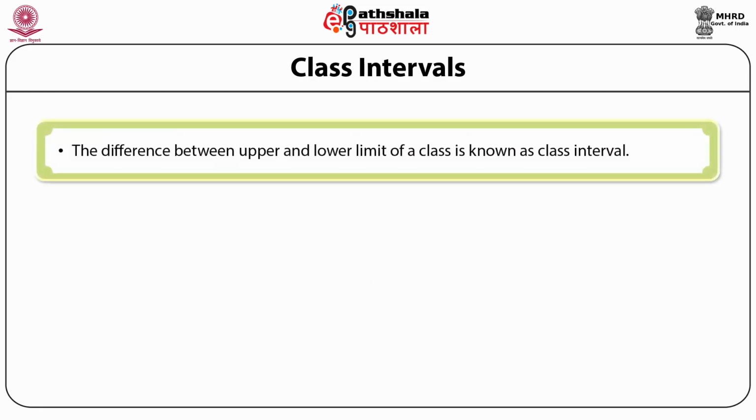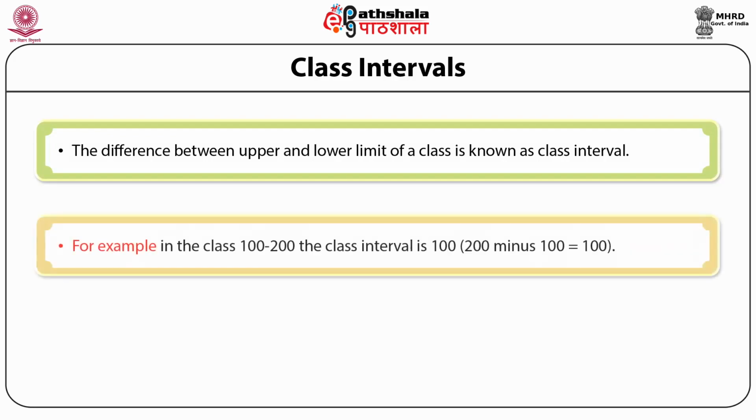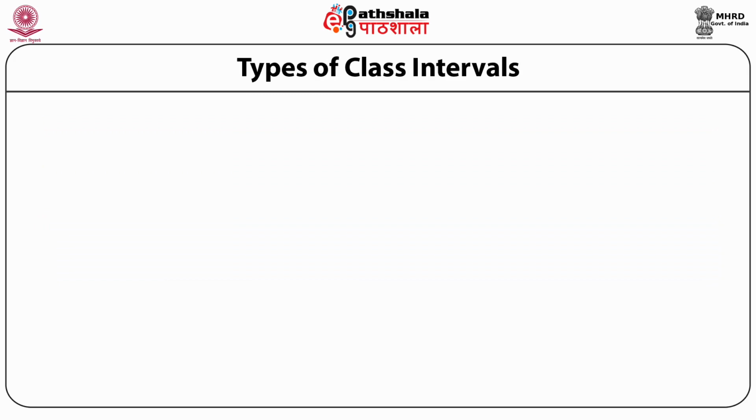The difference between upper and lower limit of a class is known as class interval. For example, in the class 100 to 200, the class interval is 100, which is 200 minus 100 equal to 100.